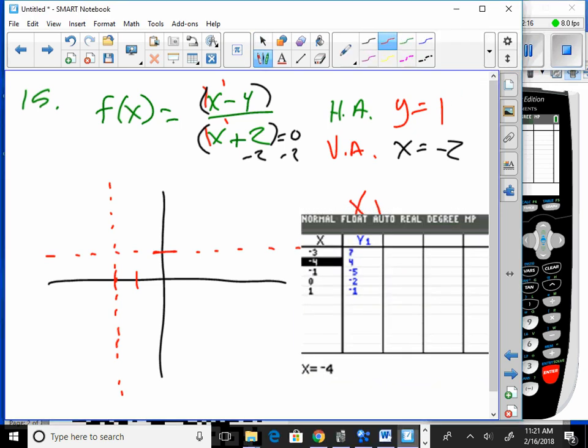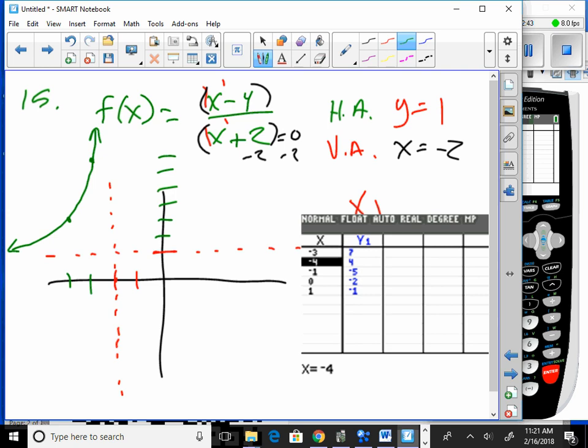So now graphing it, I'm going to graph -3, 7. So it's going to be up here, and then -4, 4. Since both those points are above my horizontal asymptote, and I know I need to approach asymptotes, I would expect a graph looking something like this. Make sure not to go through your vertical asymptote and don't go through your horizontal asymptote.